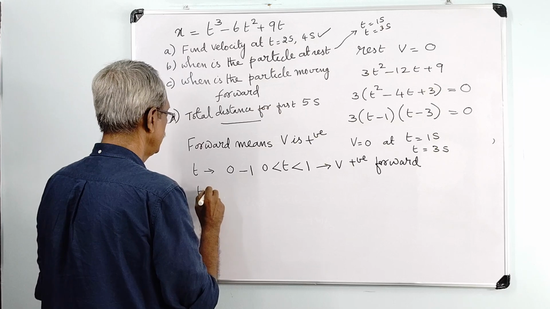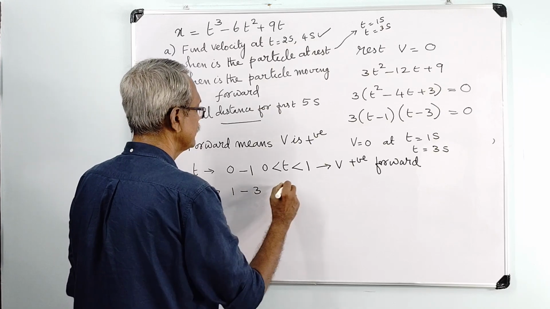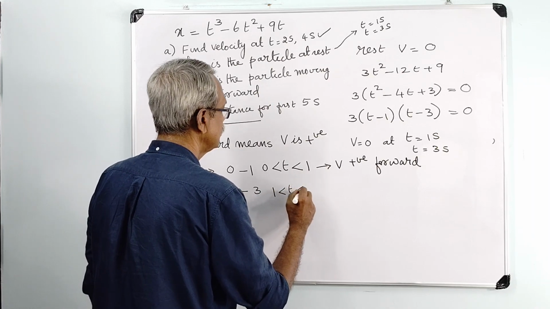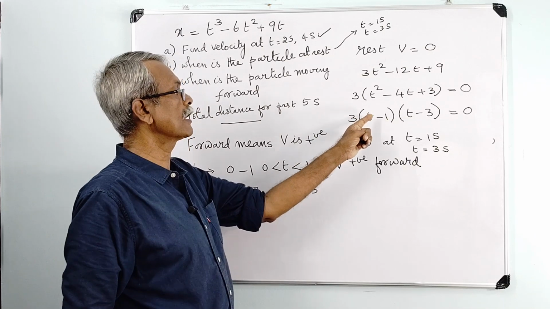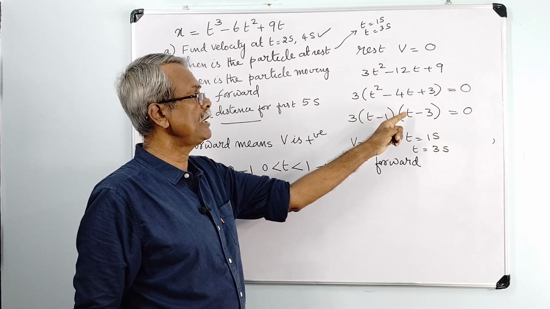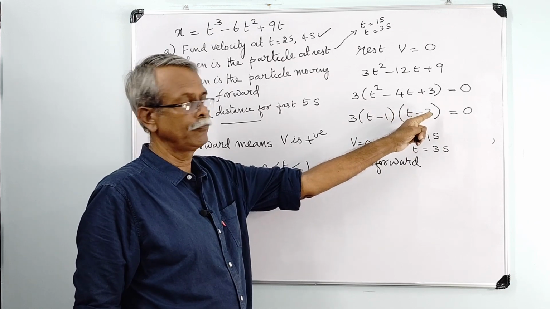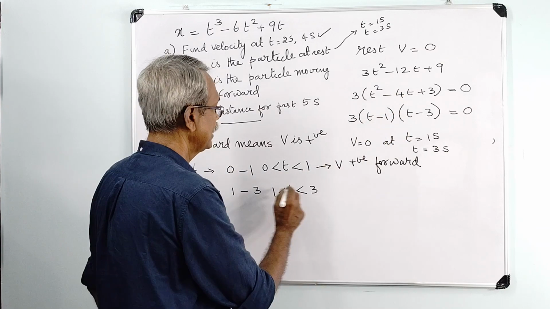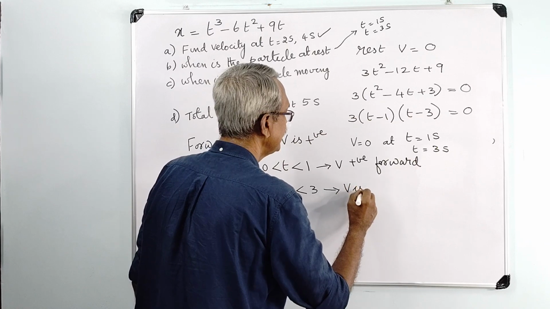Now, t between 1 and 3, that is, t is greater than 1 but less than 3. When t is greater than 1, this will be positive. When t is less than 3, this will be negative. This is positive, this is negative. Therefore, in this interval, v is negative.